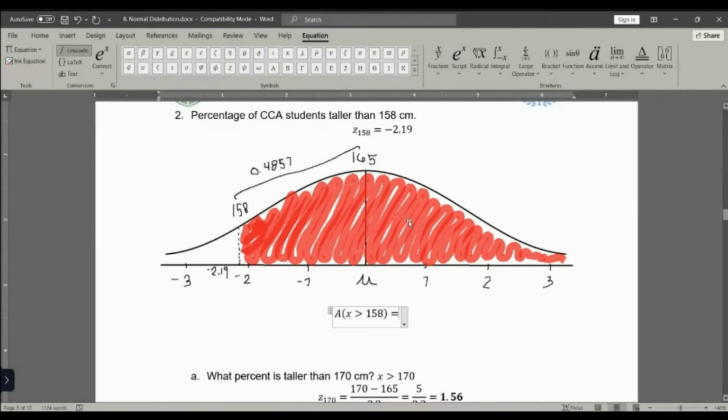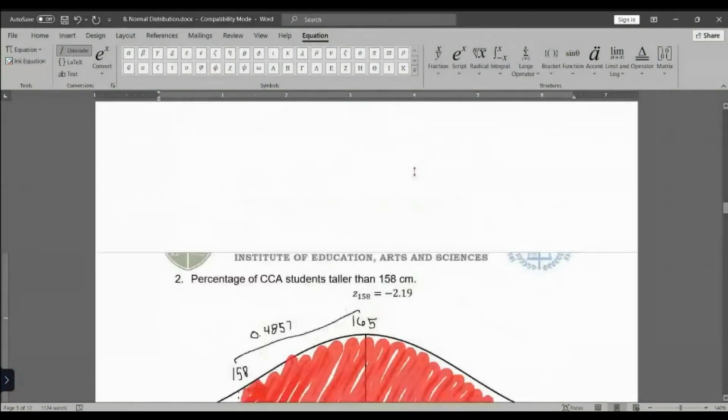Add po yung 0.5, sir, pati po yung 0.4857. Why? Taller than po kasi yata, sir. Di po ako sure.